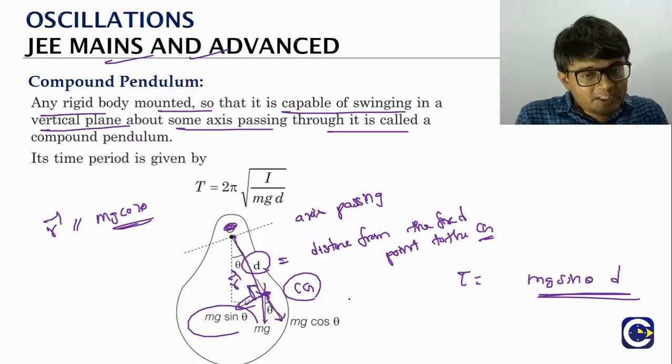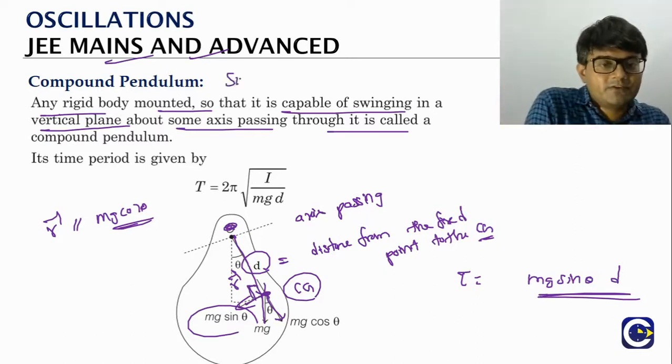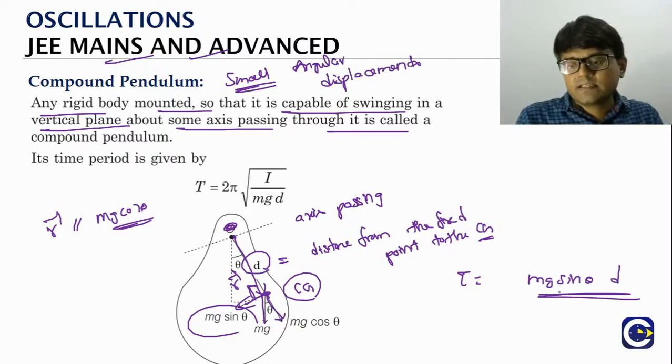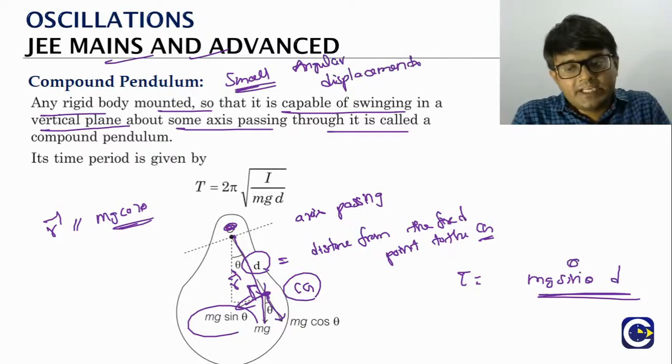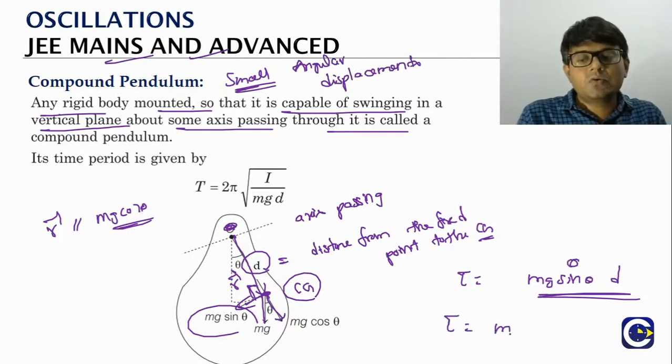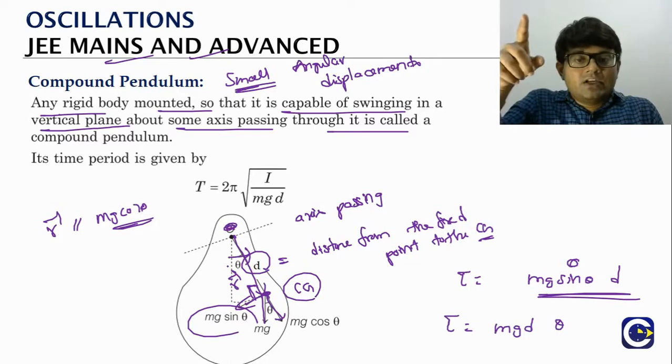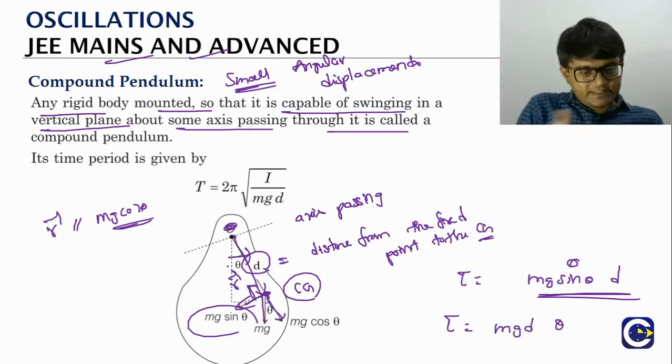And for small angular displacements, sin theta can be approximated to theta, which means torque will be equal to mgd into theta. If you are giving it an anti-clockwise angular displacement, the restoring torque will be clockwise, the same way we have seen in the case of the simple pendulum.